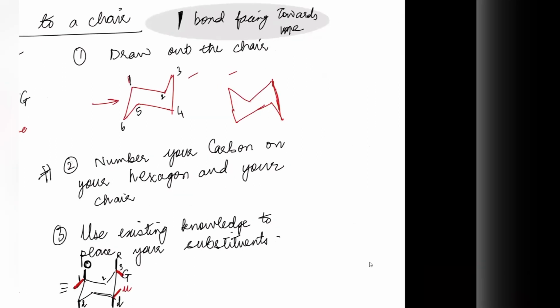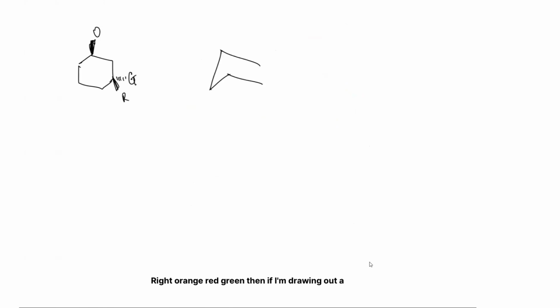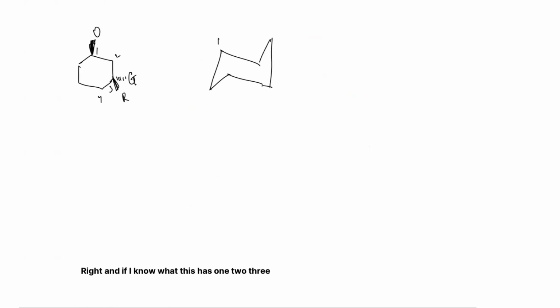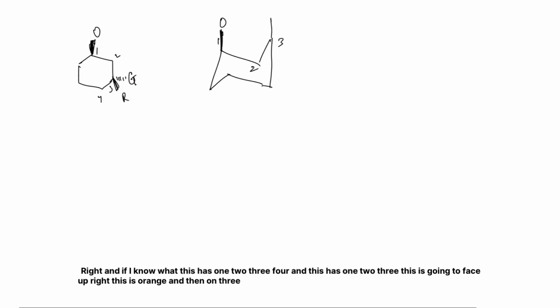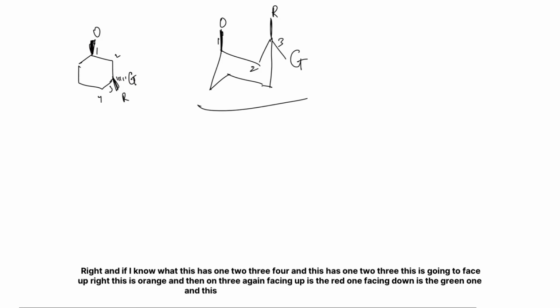So what we effectively saw is that if you have a structure like this, orange, red, green, then if I'm drawing out a chair conformer, and if I number this as 1, 2, 3, 4, and this as 1, 2, 3, this is going to face up, right? This is orange, and then on 3, again, facing up is the red one, facing down is the green one, and this is now your chair conformer.